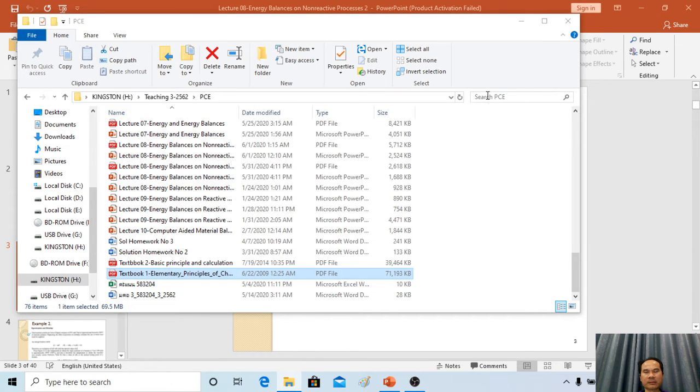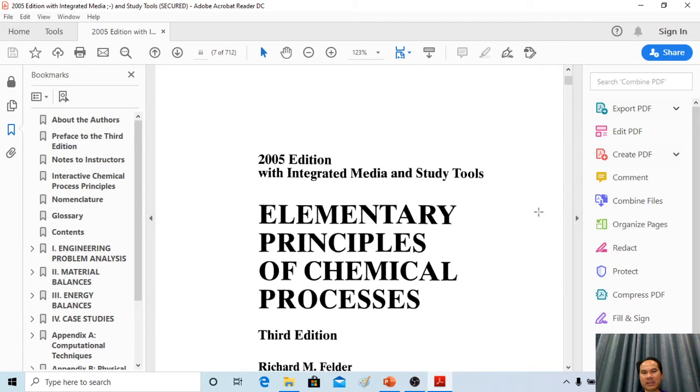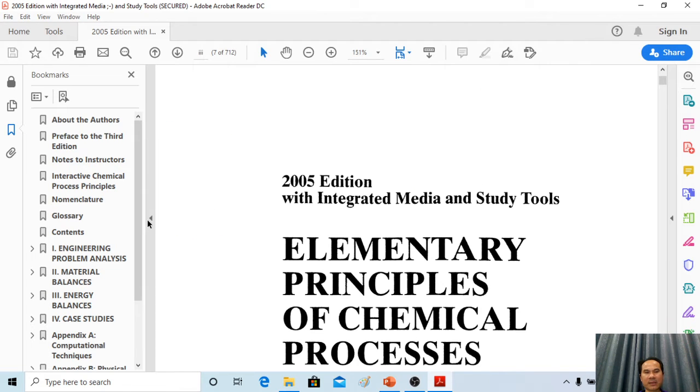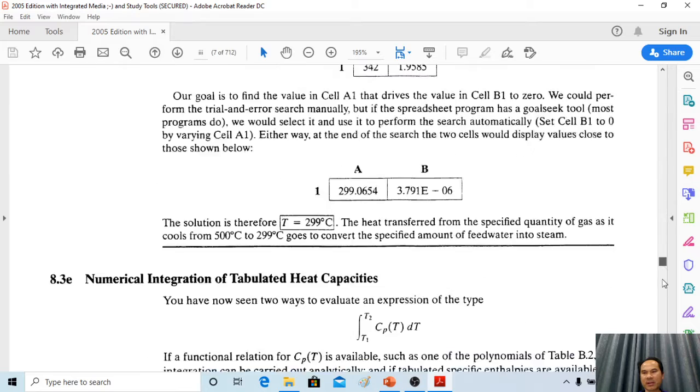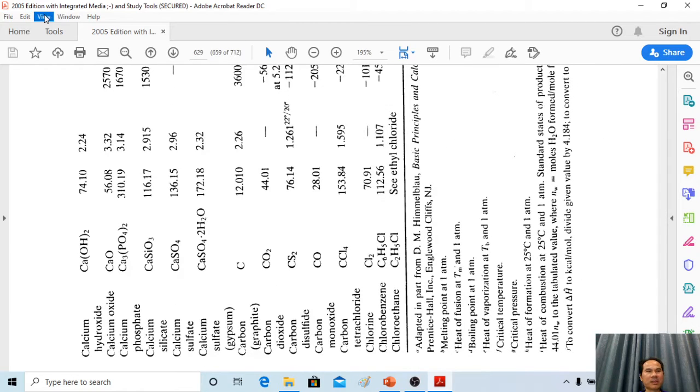Methanol. Also, you can use an online database. For this case, it is mostly found in Table B.1 in this book.